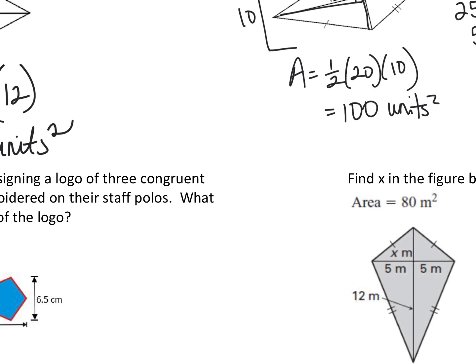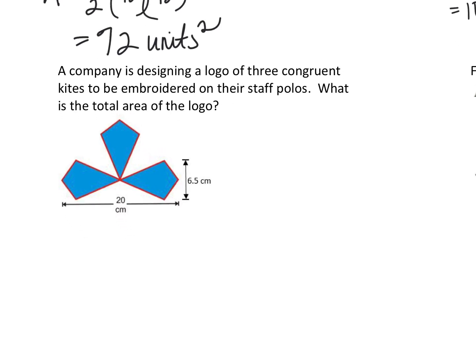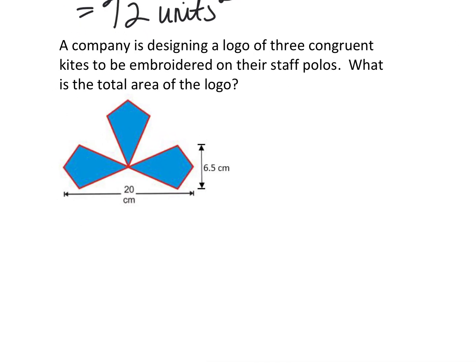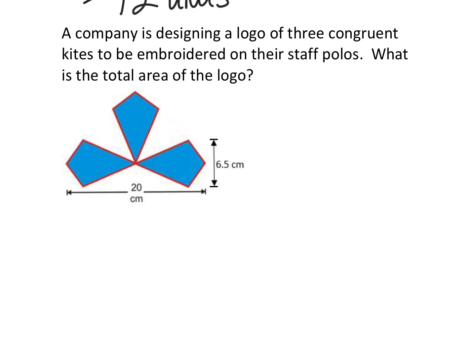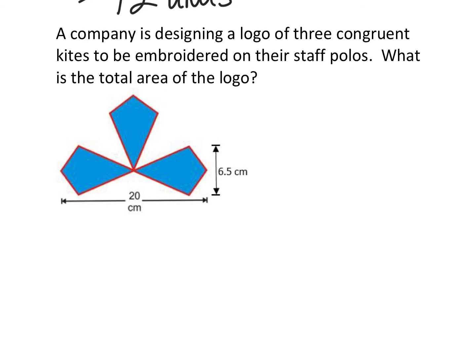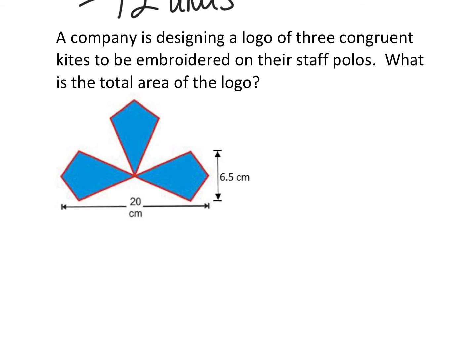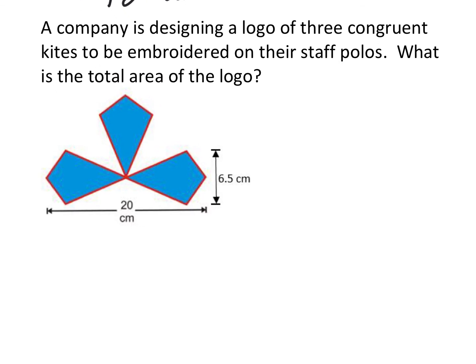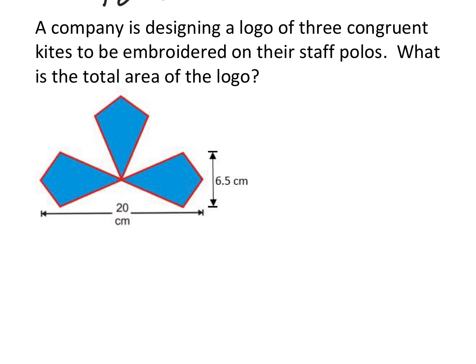In the last one, I have another couple more. Find the area of a company logo of 3 congruent kites to be embroidered on their staff polos. What is the total area of the logo? So we have 3 kites. Okay, so one kite we know goes from here to here, and that would be 10 because it's halfway in the middle. And then the other diagonal is 6.5.